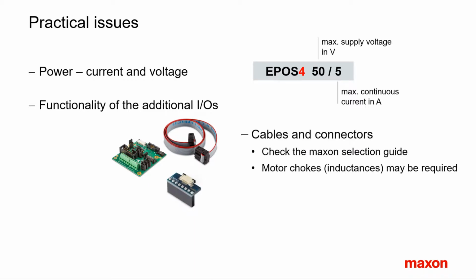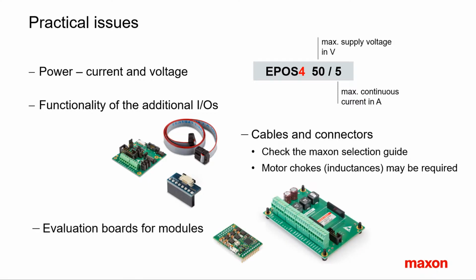Maxon controllers are made for a wide variety of motors and sensors. Check in the maxon selection guide if the electrical interfaces of the particular motor and controller match, or if special adapters, cables and connectors are needed. Some combinations may also need additional inductances or motor chokes. This is particularly the case when using modules.